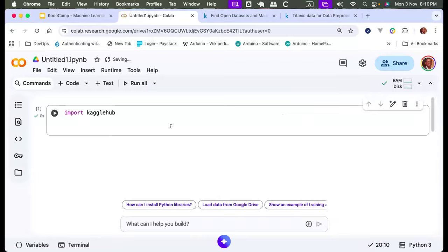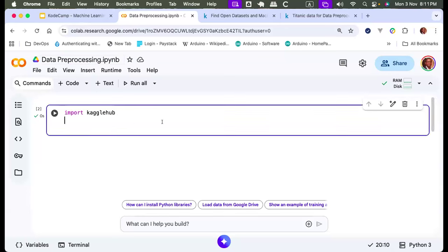All right, so I ran this and I got a check, meaning that Kaggle Hub exists in Colab, so I don't need to download and re-upload. And this is very nice for me because it means it will speed things up. So let me rename this and call it data pre-processing. So I have this now.